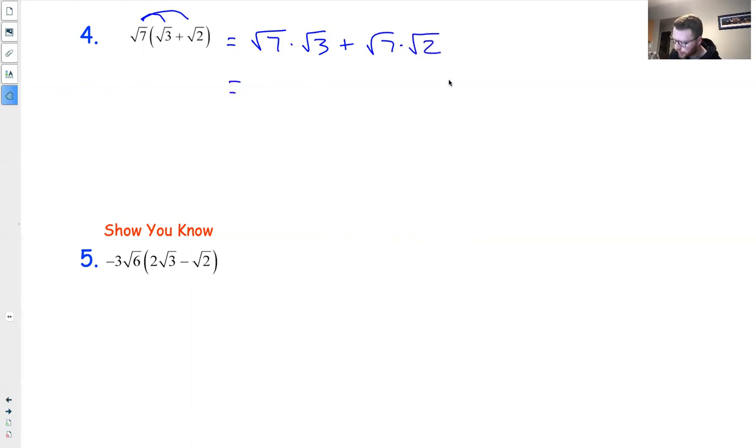Okay, so that will give us root 21 plus root 14. And we can't really simplify that any further, right? We need to have the same radicand to simplify that. So this is in fully simplified terms right here.